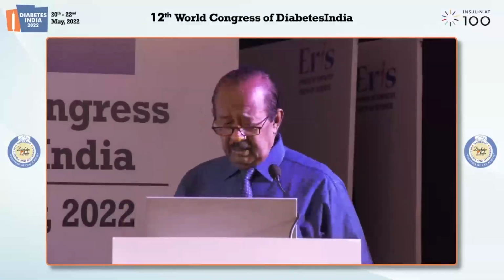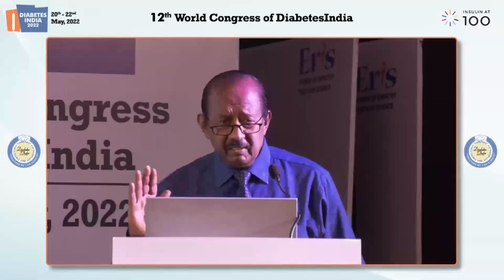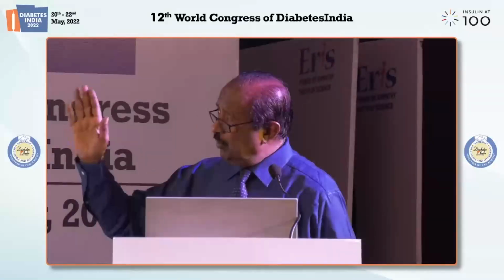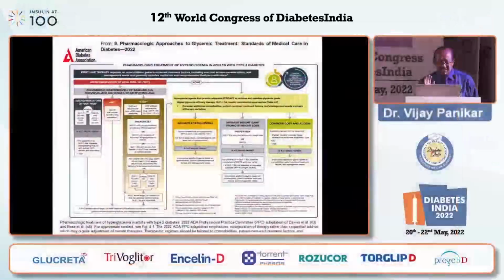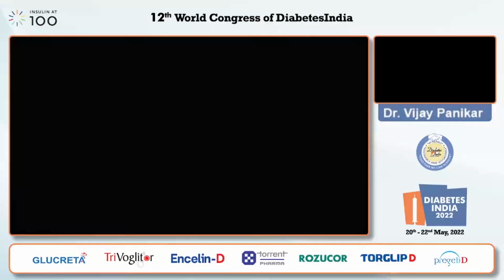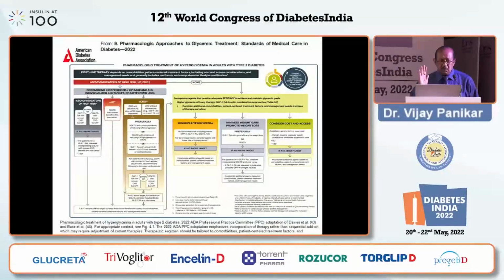See, today SGLT2, if you see that this is the 2022 ADA guidelines. If you look at the first column, there is no pointer here. The first column says that if you have an ASCVD high-risk patient, what is recommended is after metformin start an SGLT2 or a GLP-1.